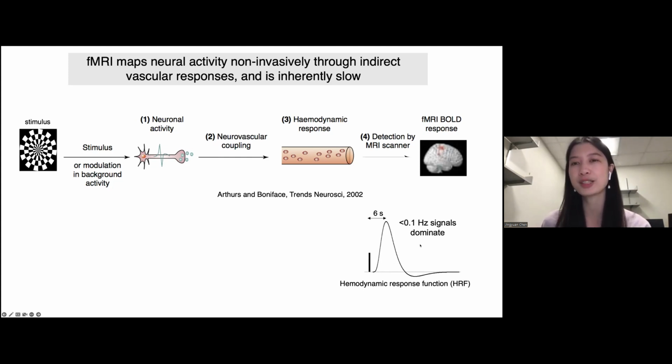If you plot the spectrum, you can see the power is dominated by signals below 0.1 Hertz. That's the typical case where people believe that's the temporal limit of fMRI. And because the temporal characteristic is super slow, the sampling rate of fMRI has been on the 2 to 3 second scale for quite a long time.